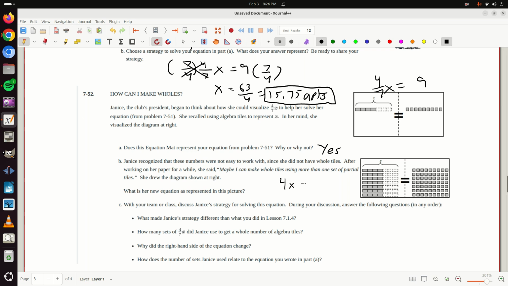And that's going to equal 63. I hope that makes sense. Kind of what we're doing here is we're saying we have 4/7, but we have 7 sets of those. So we actually have 28/7 that are grayed in, right?